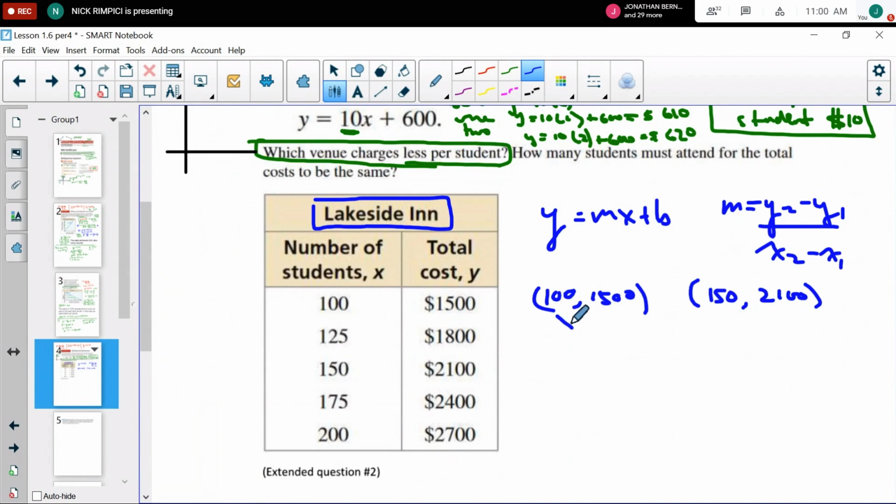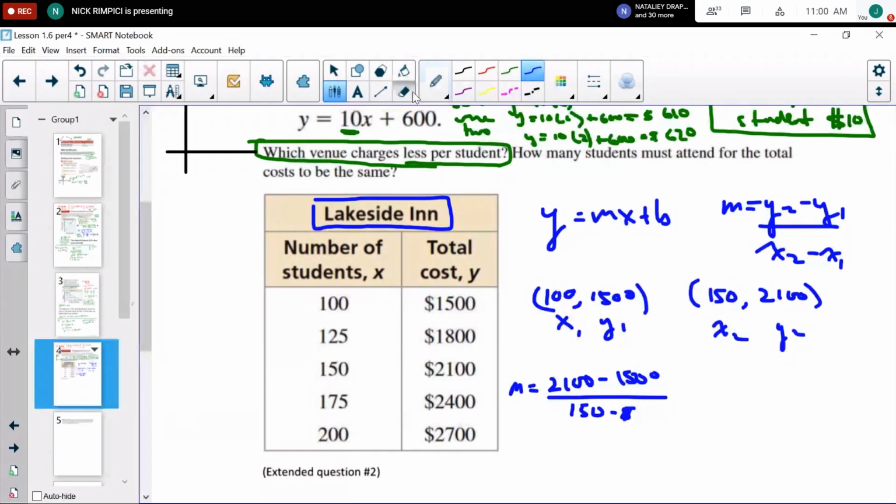So this could be my X1, which means this is my Y1. This could be my X2, which means this is my Y2. Then I just put everything in here and find the slope. So my m is 2100 minus 1500, that's y2 minus y1, divided by x2 minus x1, which is 150 minus 100, excuse me.